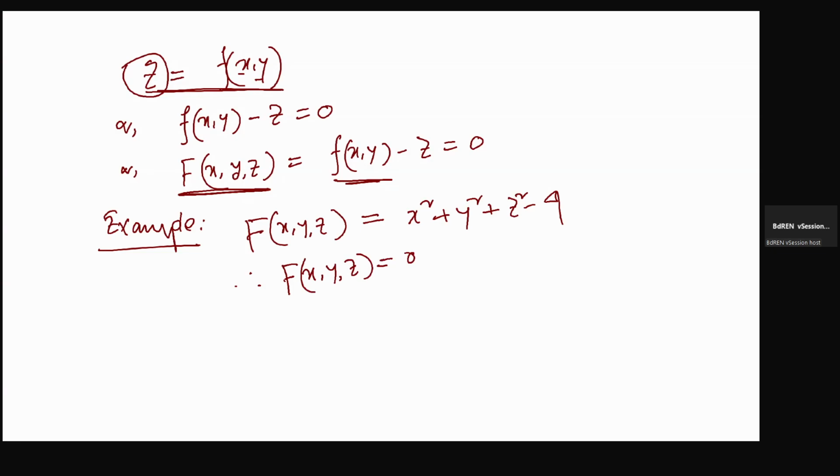That means the level surface is given by x square plus y square plus z square minus 4 equal to 0.